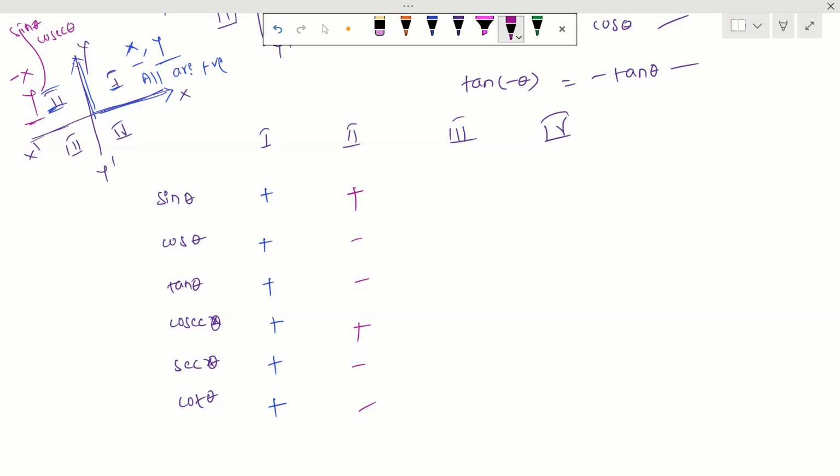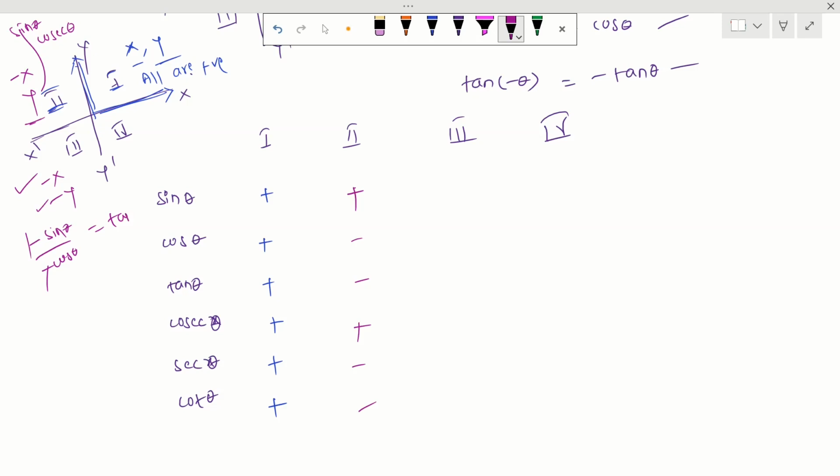Now come to the third quadrant. In the third quadrant, both x-axis and y-axis are negative. So if both are negative, the ratio of sin theta and cos theta, minus sin theta divided by minus cos theta, becomes positive, as minus minus gets cancelled.